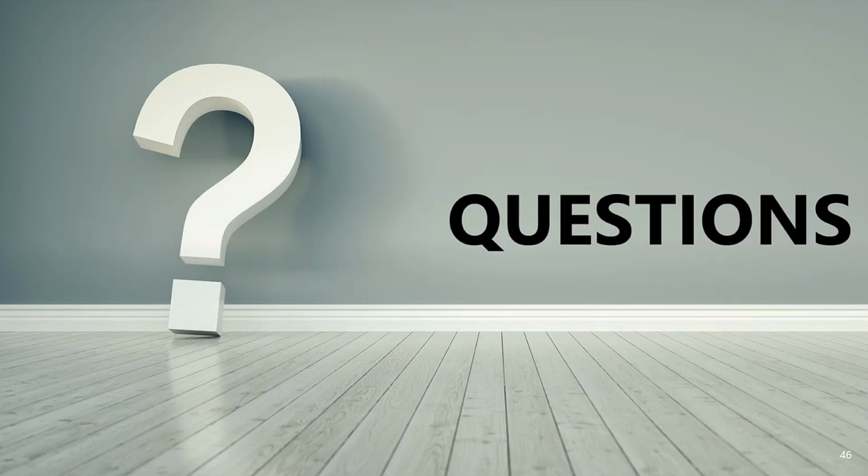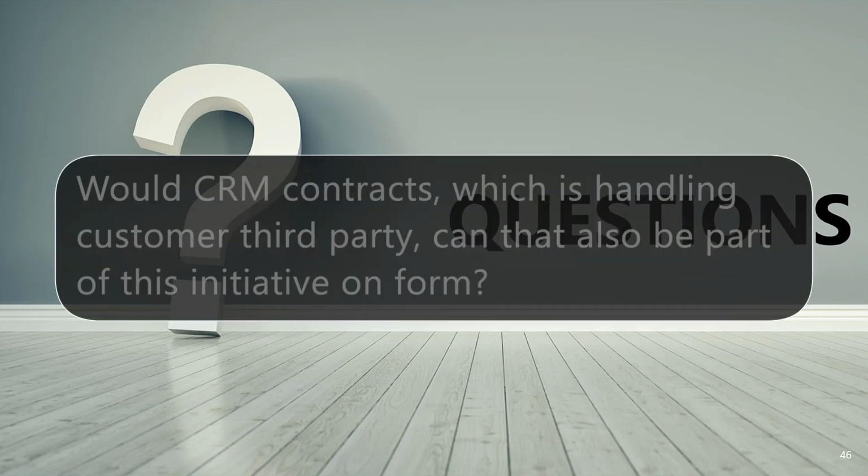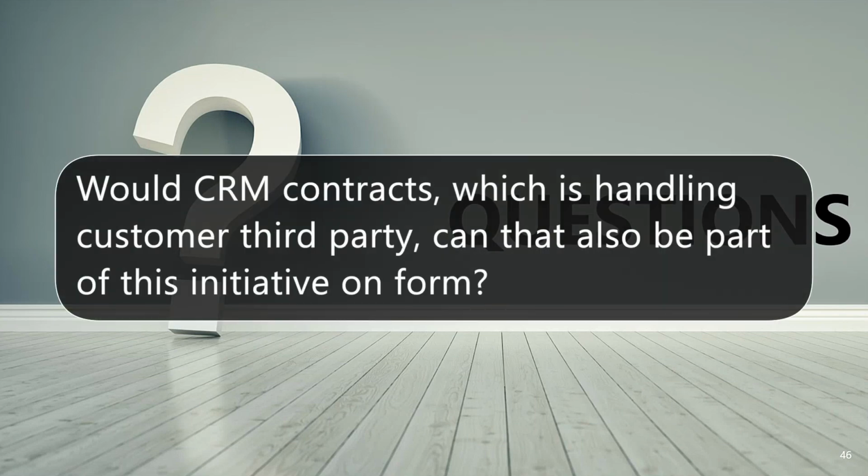There are a couple of important questions which I wanted to highlight. One is that the explanation so far is focused on purchase agreements in this tool that is integrated; could CRM also help the sales team with customer third-party contracts?